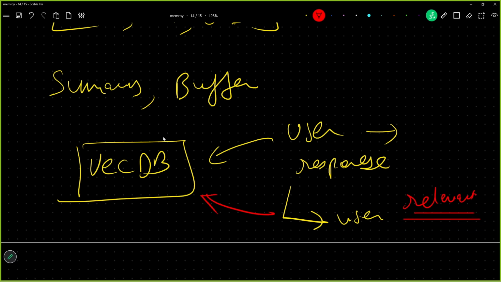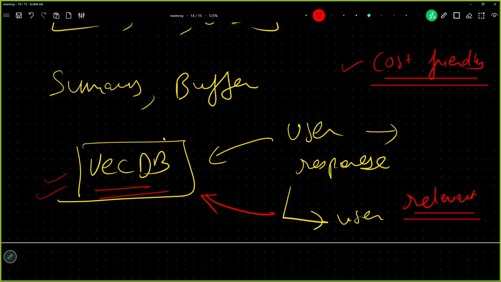Similarly, we were doing it for memory as well. That is why you see vector databases in all the recent memory stores. The vector database will fetch the relevant information for you. And this was the cheapest solution because vector databases are very cost friendly.